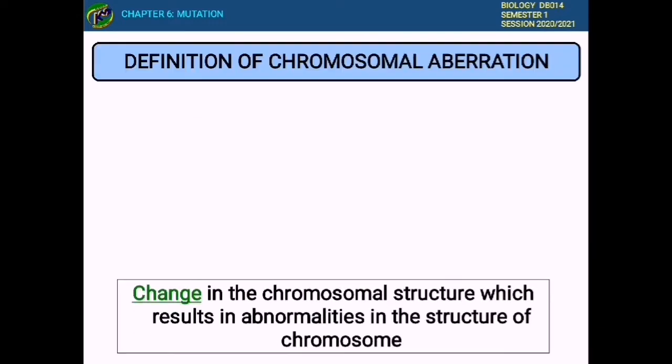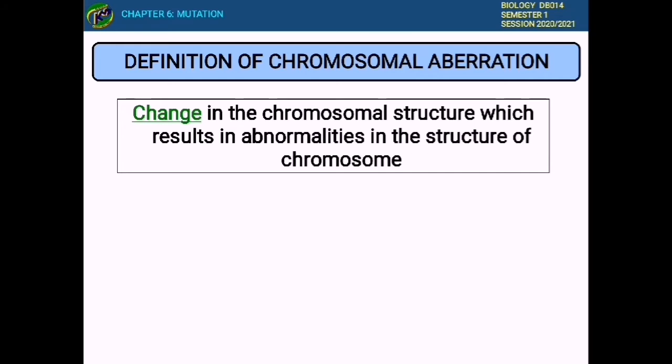Alright, so we move on to chromosomal aberration. The definition of chromosomal aberration is change in chromosomal structure. You have to remember, aberration means change in structure which results in abnormalities in the structure of chromosome.